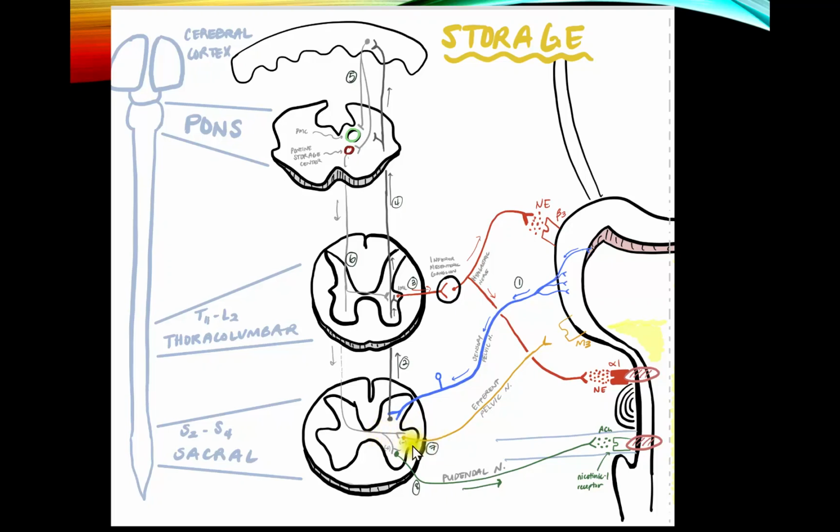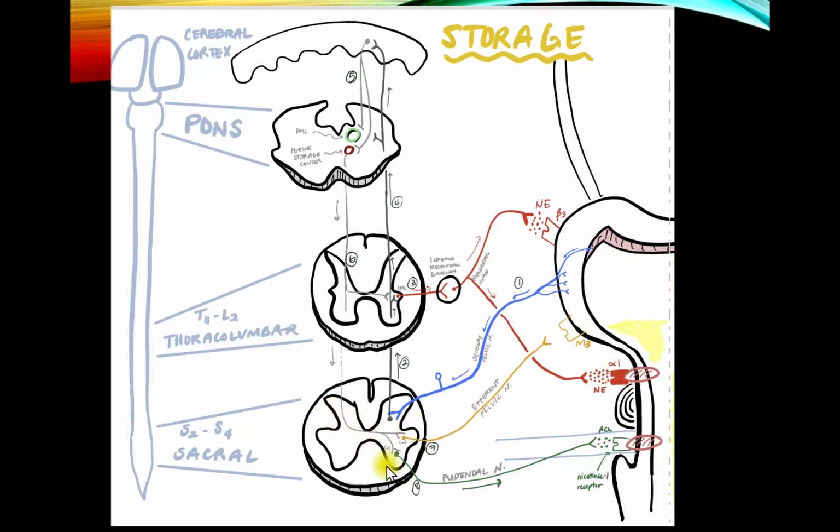So we inhibit this, therefore we inhibit the pelvic nerve onto the muscarinic M3 receptors on the detrusor. If these were active, they contract the detrusor muscle. So we inhibit them to further relax the bladder.